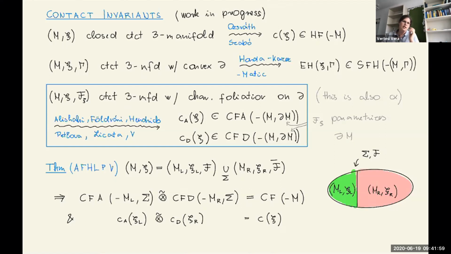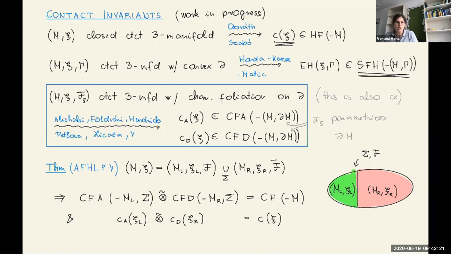They are taking an element in the Heegaard Floer homology, and then you can also define them for contact three manifolds with convex boundary. This is a result of Honda, Kazez and Matić, and they are living in sutured Floer homology.